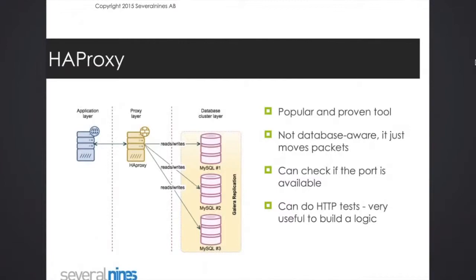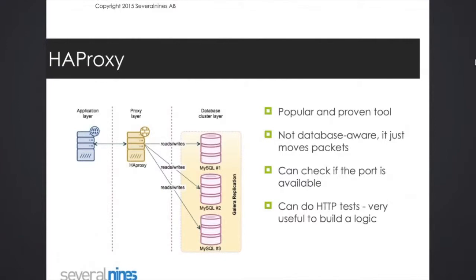HAProxy is, as we just saw, very popular and also a proven tool. The problem with HAProxy, if we're talking about databases, is that it's not database aware. It doesn't understand the state of the MySQL servers in the backend.